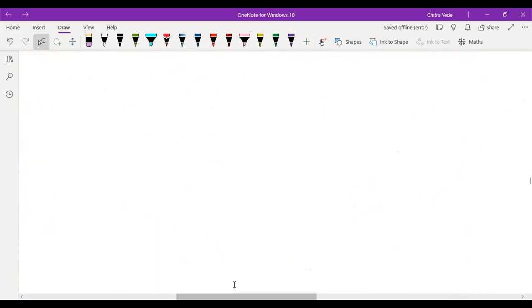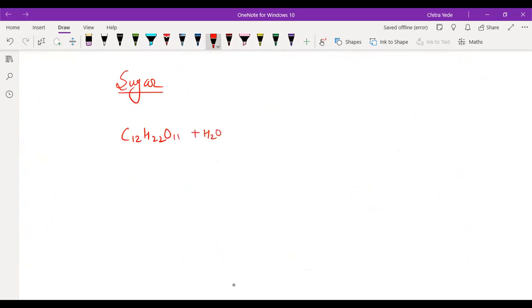Suppose here we have sugar, which is C12H22O11. I have just added water here, so it will undergo disproportionation like this. It will form C6H12O6, which is glucose, plus C6H12O6, which is fructose.